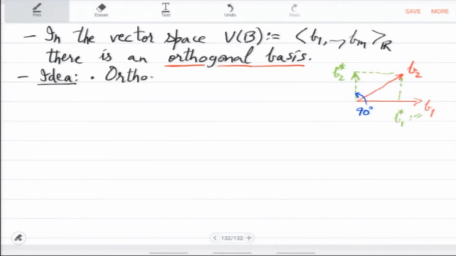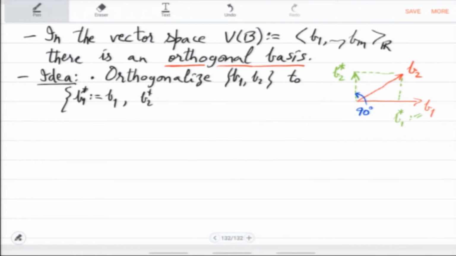So orthogonalize the vectors B1, B2 to B1 star, which is just B1, and B2 star, which is B2 from which you remove the projection of B2 on B1 in that direction.